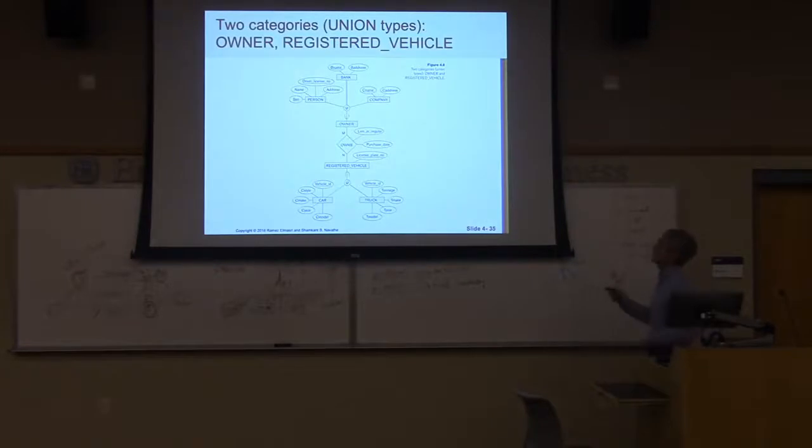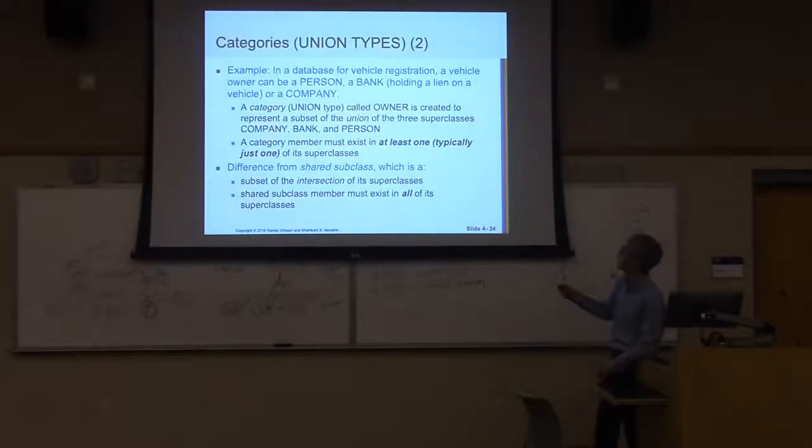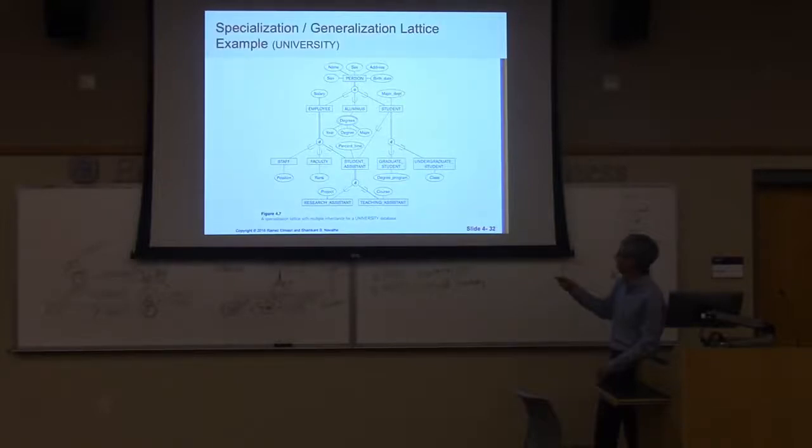Let me use this example. In this case, this is a superclass, and this is a subclass. So the superclasses are person, bank, and company. They combine into one. In the previous case, this one is a multiple inheritance, from the employee and the student.